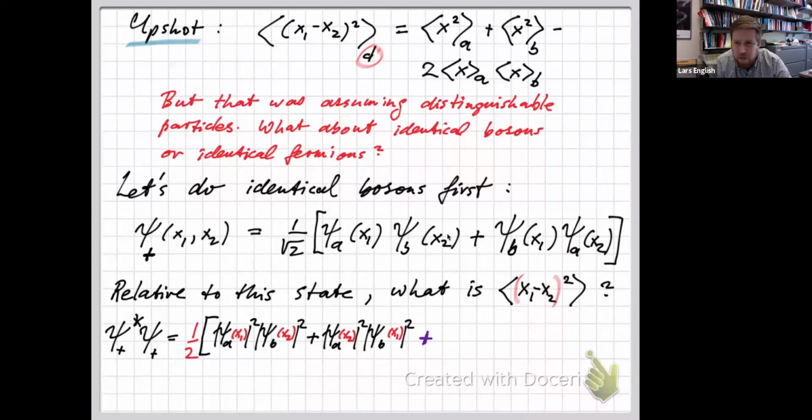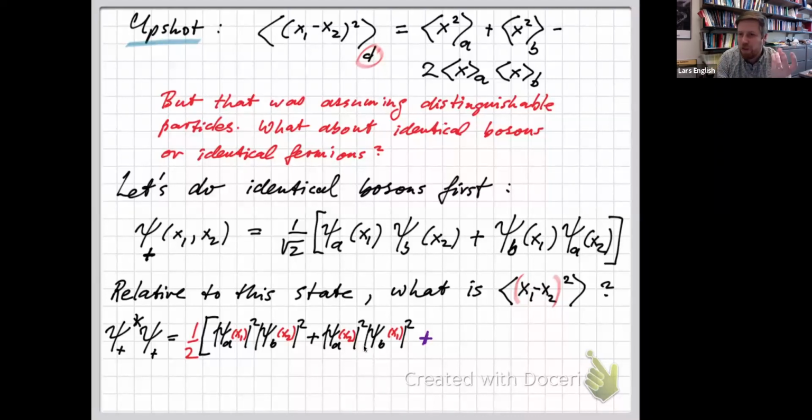And then this term would be multiplied by a similar term just with stars, right? And that gives you this first term. So here you get psi sub a of x1 magnitude squared, and this would give you psi sub b of x2 magnitude squared. And then this here would give you something very similar. So then it would be this squared times that squared, and this is my second term. But now we also have to deal with the cross terms, right?